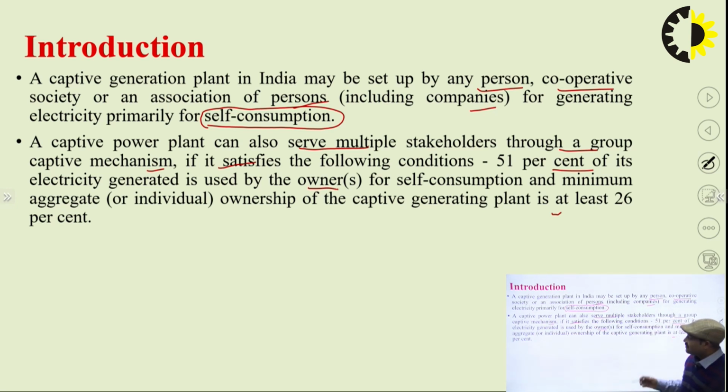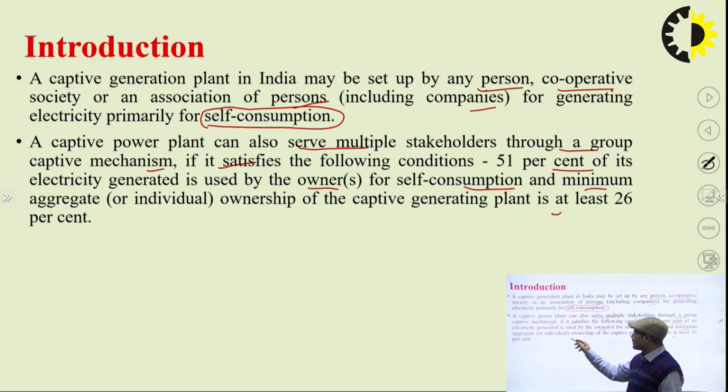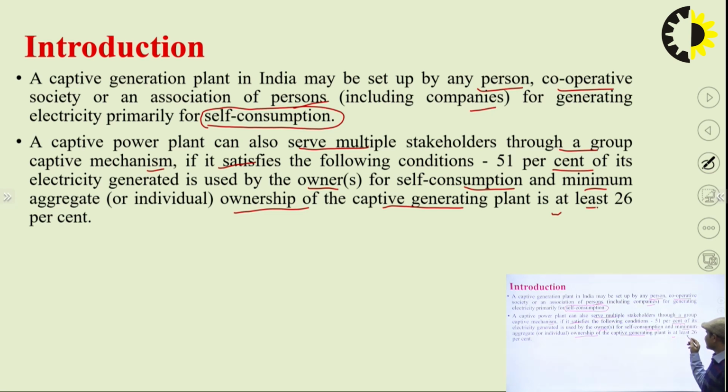It is mandatory that you cannot set up a captive power plant where 51% of the electricity generated is not used by the owner, so self consumption is required. The minimum aggregate or individual ownership of the captive generating plant is at least 26%.